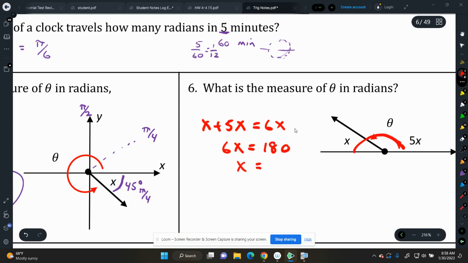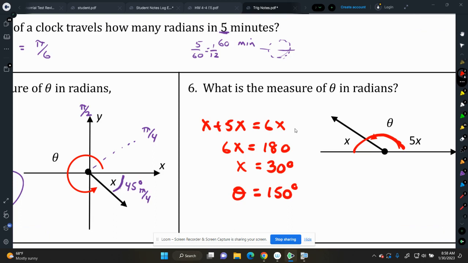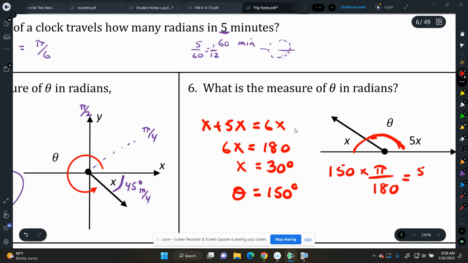So x is what? 30 degrees, okay. So now what's theta? 150 degrees, okay. And 150, how many radians is that? 5 pi over 6.